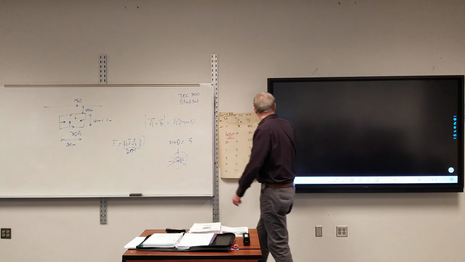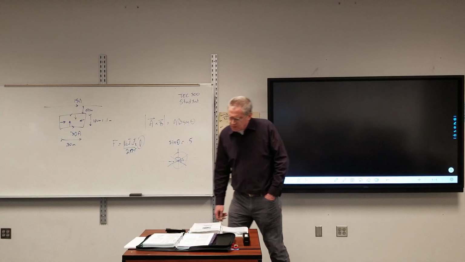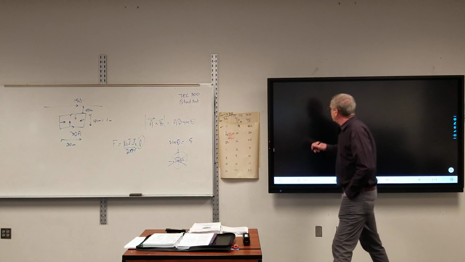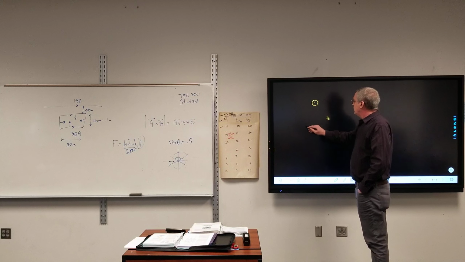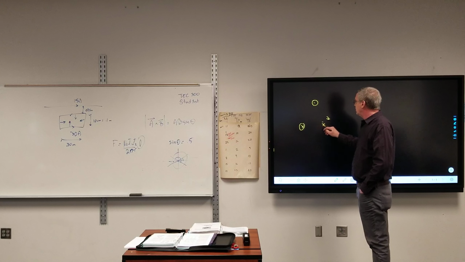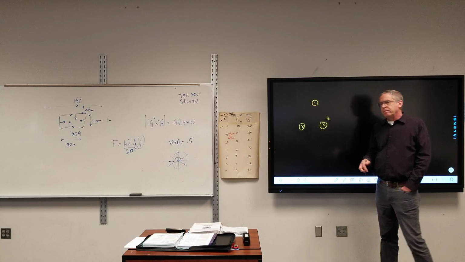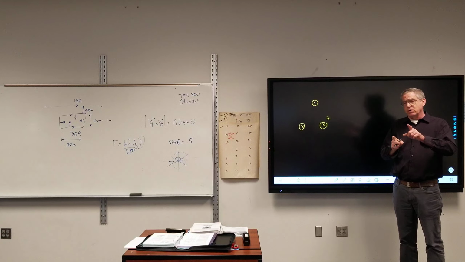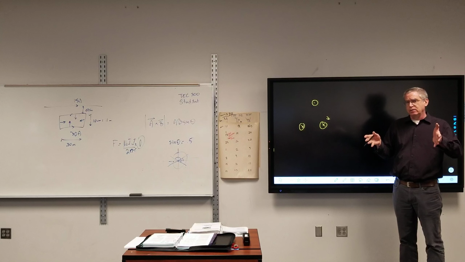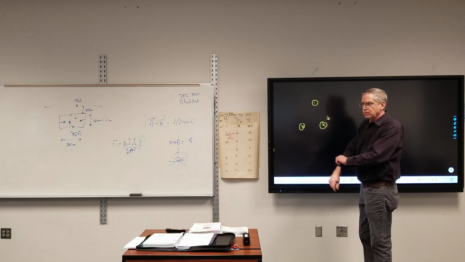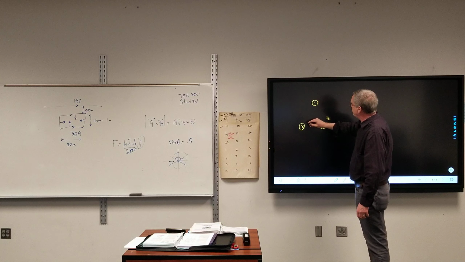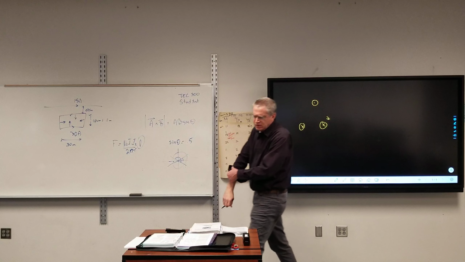On that particular one, I've got one current coming out and two going in. If current is going in opposite directions, it's going to push out, as demonstrated in the lab last week. So this is going to have a force. Do they label it A, B, and C? Yeah.